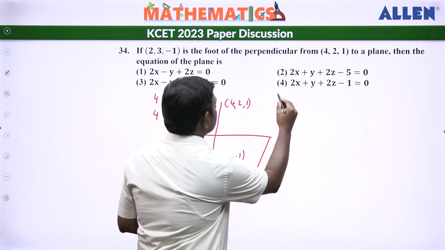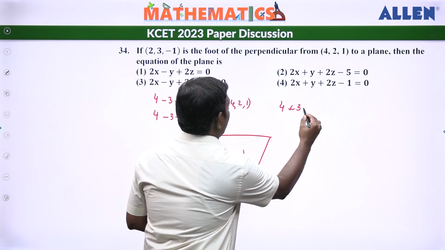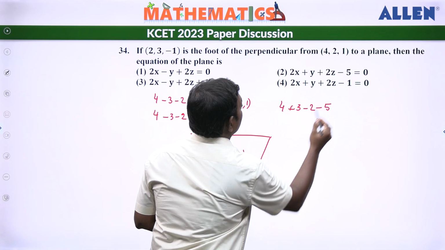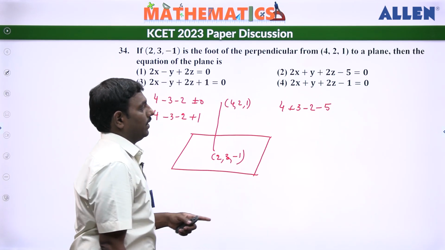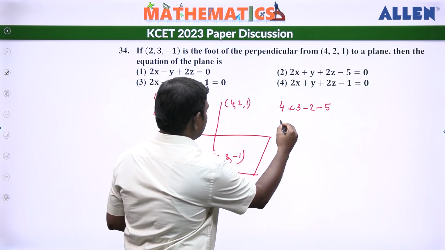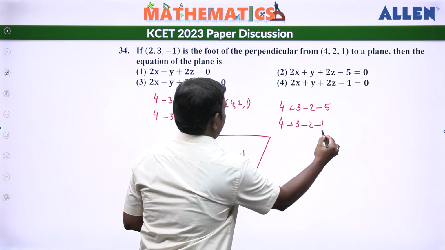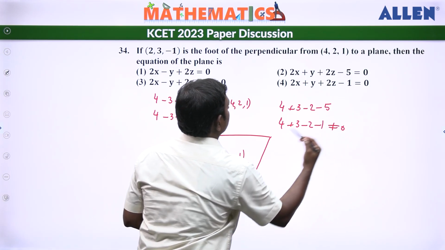Look at the other options. Option 2: 4 plus 3 minus 2 minus 5, so this value is also satisfied. Now option number 4: 4 plus 3 minus 2 minus 1, so this value is non-zero.